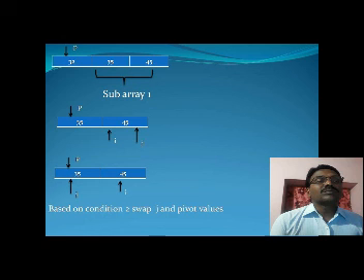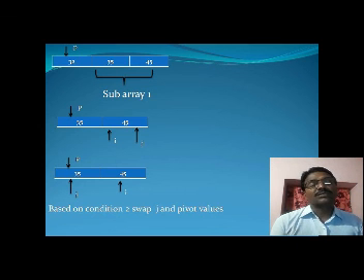Now choose the sub array 35 and 45. The first element is the pivot element, I and J are representing the same position, that is 45. J is a greater value, so J is decreased. Again the I indexing value is lesser than the J indexing value. So based on condition 2, again swap the J and pivot value.